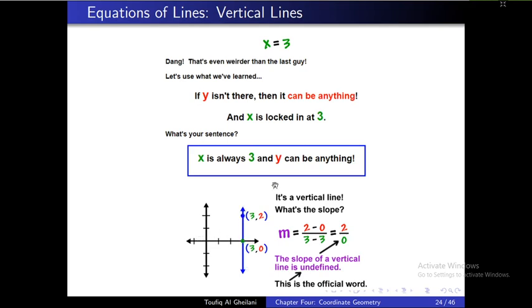So x here will be 3 and y can be anything. It is a vertical line. What's the slope? m equal, for these points, 2 minus 1 over 3 minus 3. So 1 over 0 is undefined. So the slope of a vertical line is undefined.